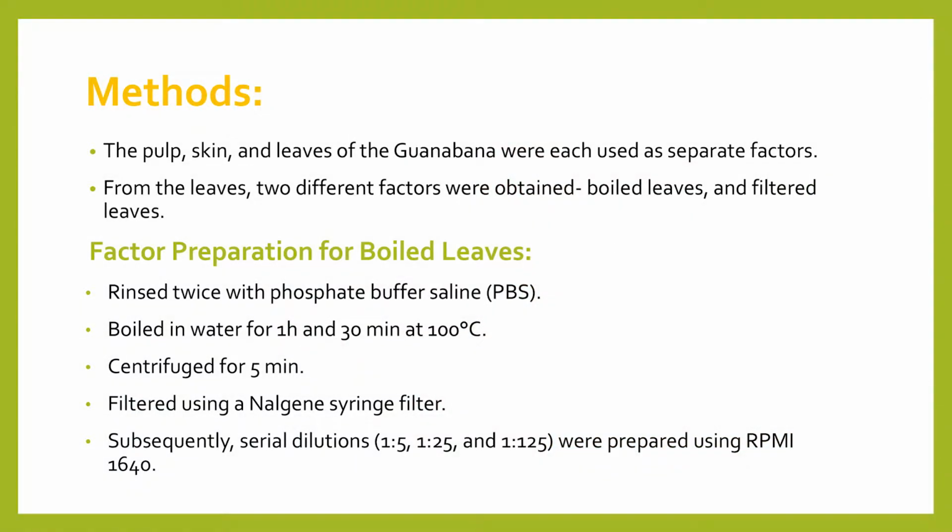The methods that I used for this research: once we obtained our fruit, we selected the factors that we were going to work with. So we selected the pulp, the skin, and the leaves. From the leaves, we actually obtained two different factors, boiled leaves and filter leaves. The preparation for the boiled leaves was a little different from the rest of the factors because, as its name says, we had to boil the leaves.